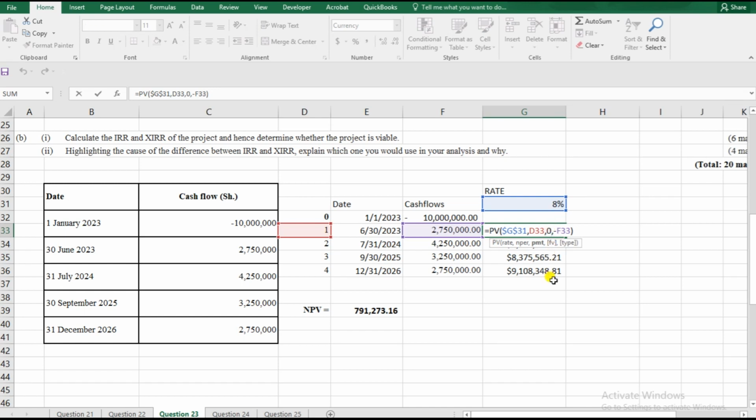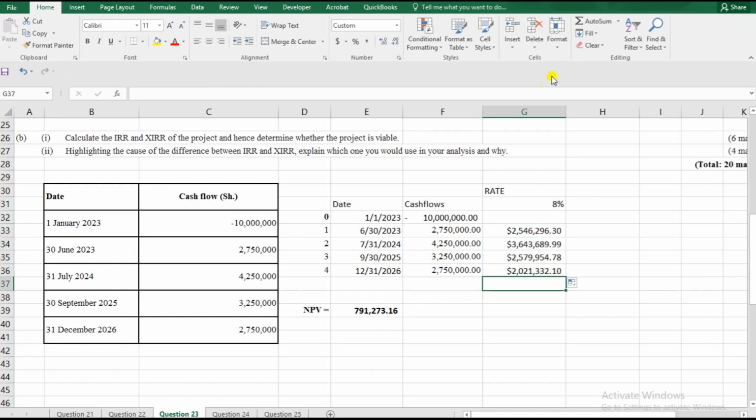Recall, we don't have payment, but our future value, these are the future cash flows. You're terming them as future value. So my future value is what you're having as these figures here. After that, if we copy paste like that, correct?